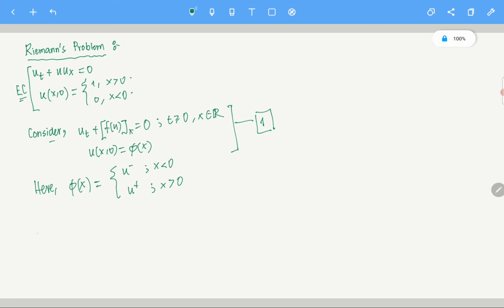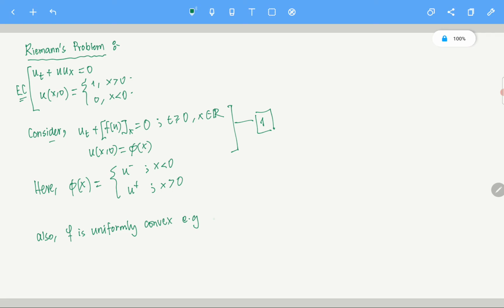F here is uniformly convex, which is very important. F is uniformly convex. Let me write down what uniformly convex means.